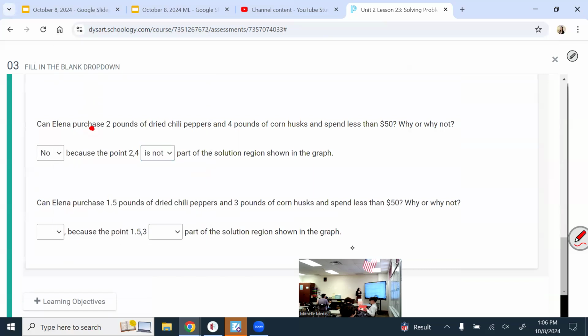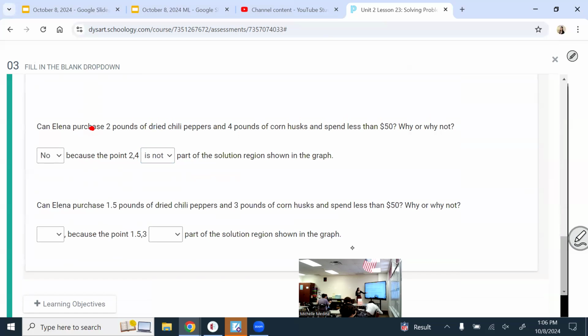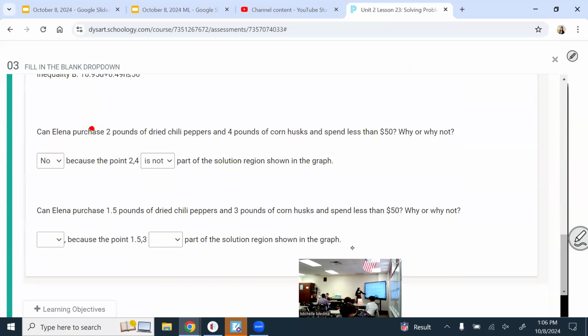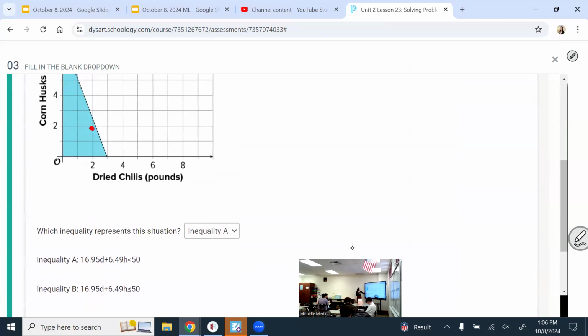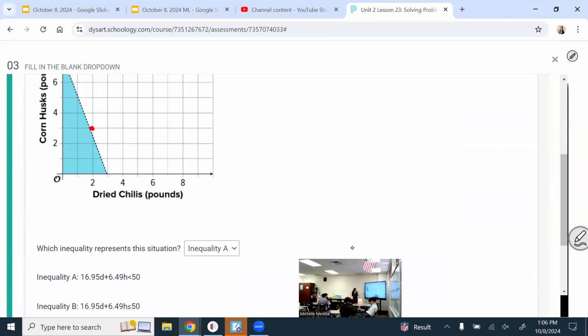Then it says, can she purchase 1.5 pounds of the dried chili peppers and 3 pounds of the corn husks and spend less? Let's see. 1.5 of the dried chili peppers would be here-ish. 3 would be there for the corn husks. So can she buy that amount?